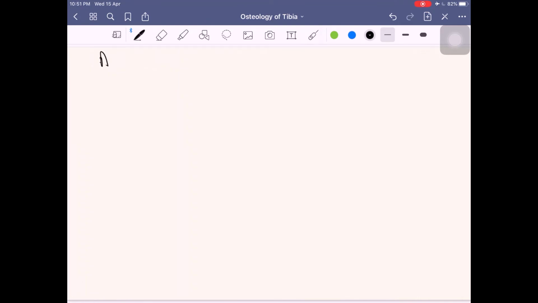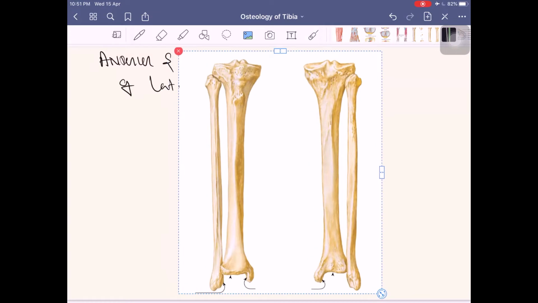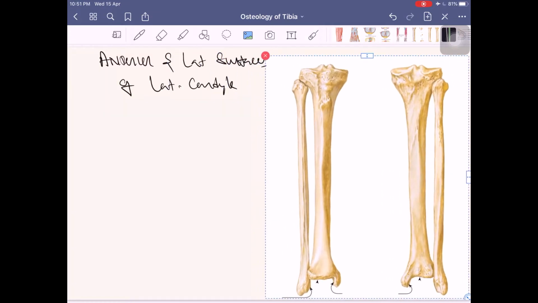Then next two are together, the anterior and lateral surfaces of the lateral condyle of the tibia. Put this back here. So this is the anterior, and here is the lateral.